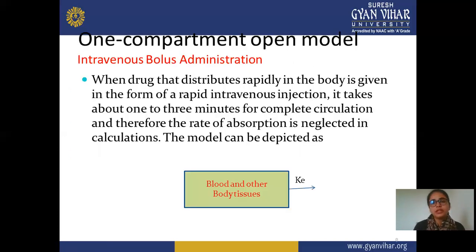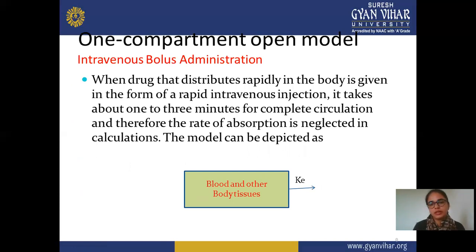In the one compartmental open model with IV bolus administration, the drug is distributed rapidly in the body in the form of a rapid intravenous injection. It takes about 1 to 3 minutes to complete circulation, and therefore the rate of absorption is neglected in calculation.